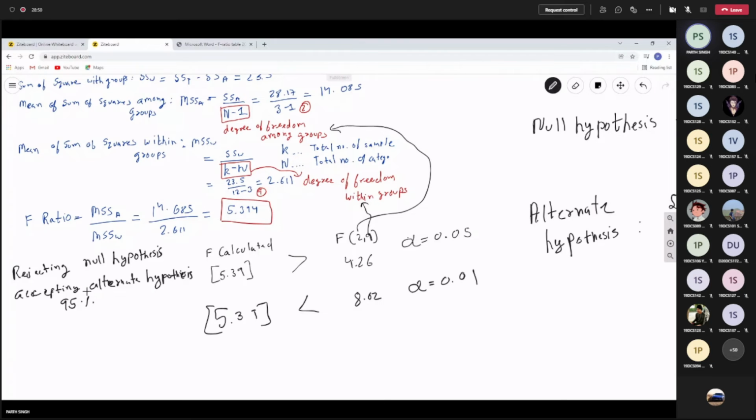While for the second statement, the second thing we counted, for alpha equal to 0.01, the calculated F value is less than the F table value, right? So the exact opposite of the above statement will hold here. What will it be? We will be accepting the null hypothesis and rejecting the alternate hypothesis.